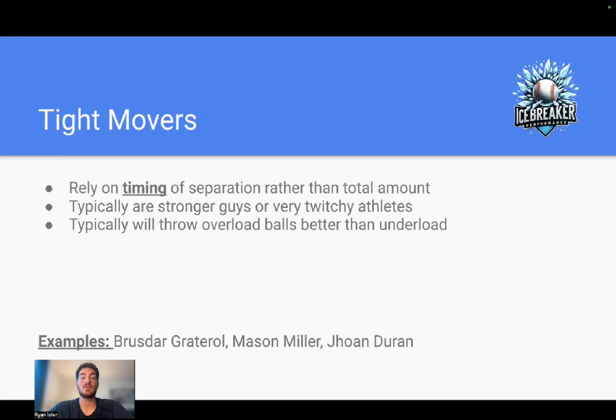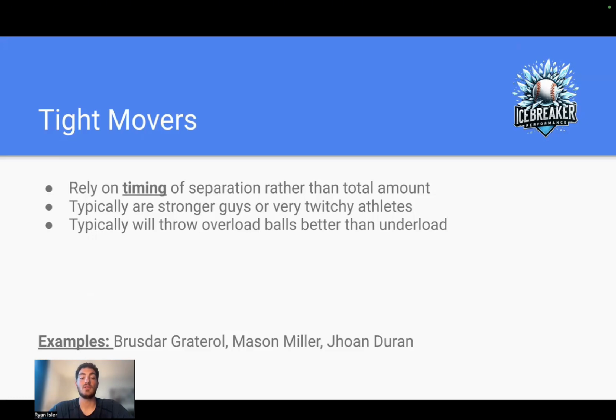And when that happens, it's going to be very difficult for you to throw hard because you're going to throw off the timing of your sequencing. So that's the most important part for these tight movers: the timing of your sequencing, and specifically, for example, hip shoulder separation. It's not about how much you get, but it's about the timing of it and optimizing the explosiveness and that summation of speed that I was talking about before, right?